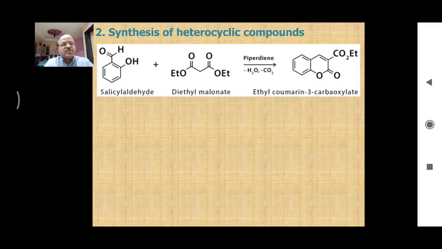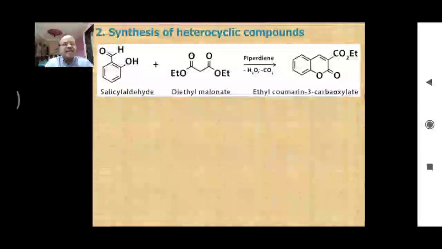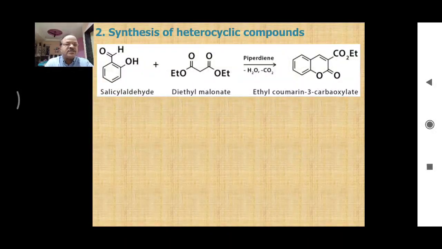So this is the heterocyclic compound which can be obtained by using Knoevenagel condensation. In this way we can apply Knoevenagel condensation in the synthesis of a variety of heterocyclic compounds as well as other compounds also. So this is about the Knoevenagel condensation reaction.